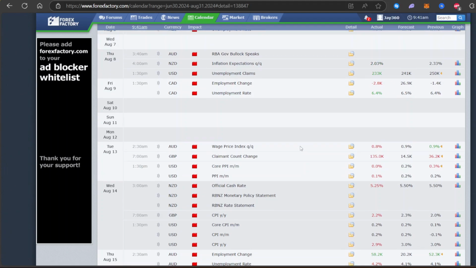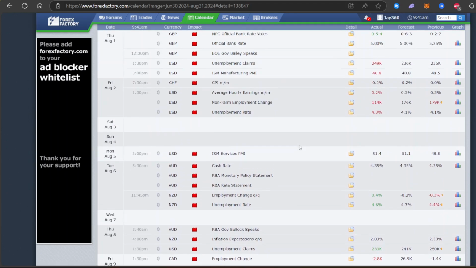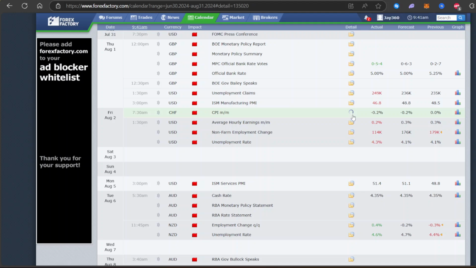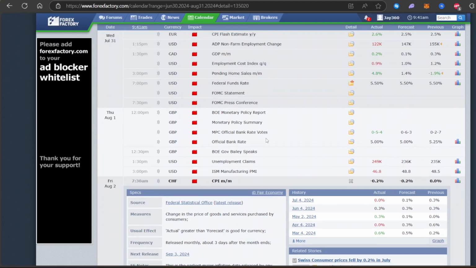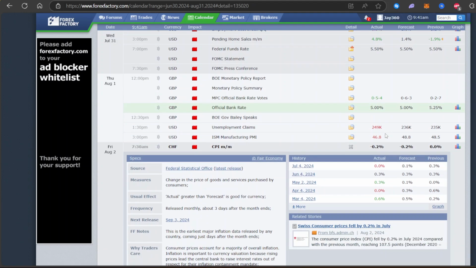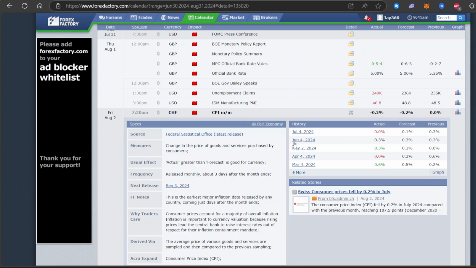Secondly, we have the inflation rate. Inflation rate indicates the rate at which prices for goods and services are rising in an economy. You can see the change in the price of goods and services purchased by consumers.